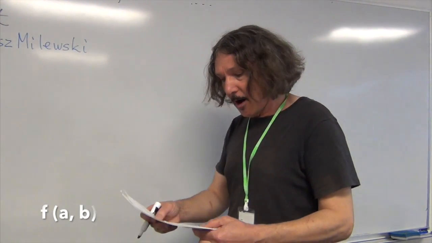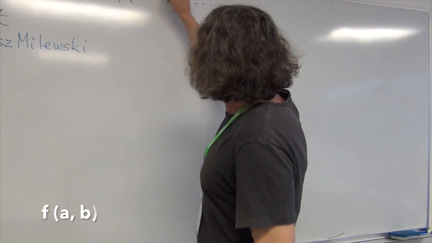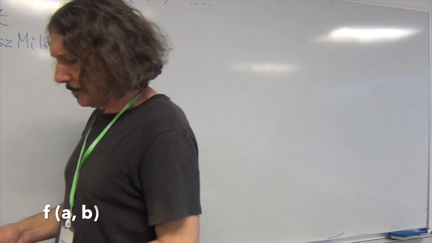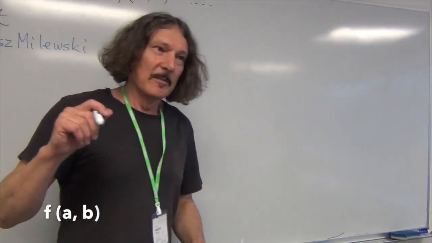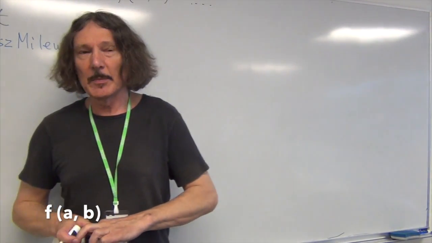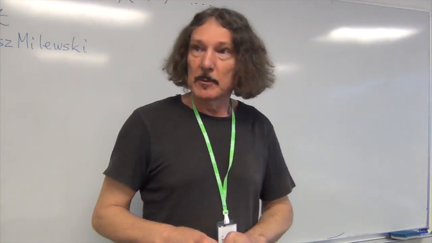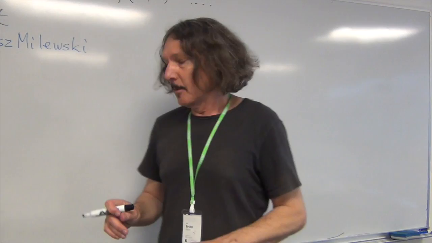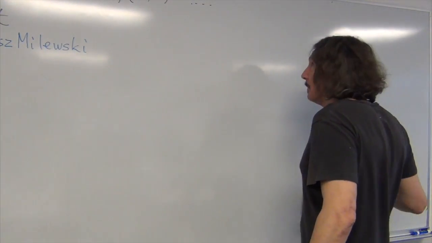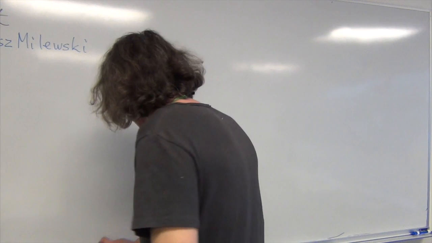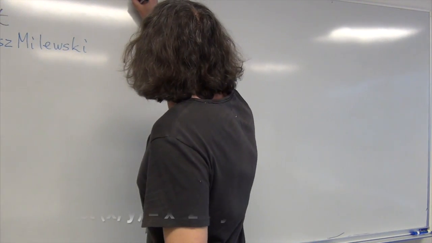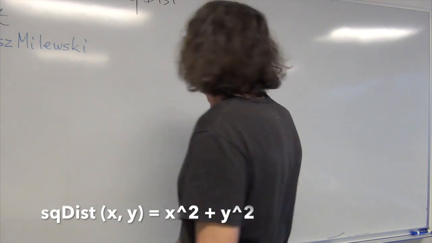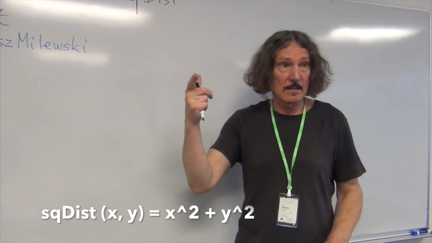It's kind of wrong to put parentheses here, just like in regular languages. But it's only kind of wrong because the compiler will not complain. Well, it will complain if it doesn't match the definition of the function. But we can define a function. Remember, we were defining the function square distance, sqdist, and we are giving it 2 arguments, x and y.